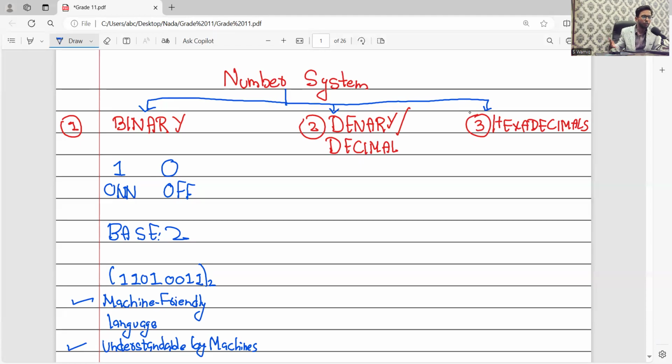A computer is created out of integrated circuits because it is based upon two values. Only computers understand them, such as ones and zeros, on and off. So this is basically your first number system.